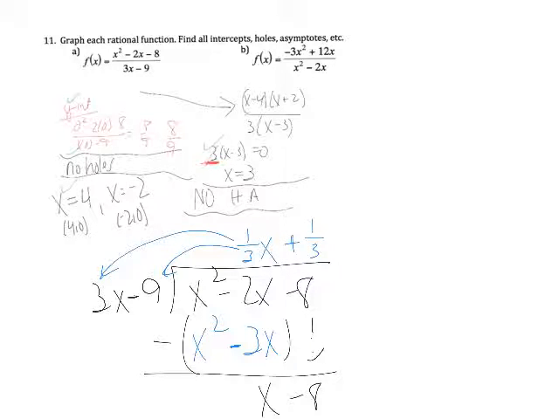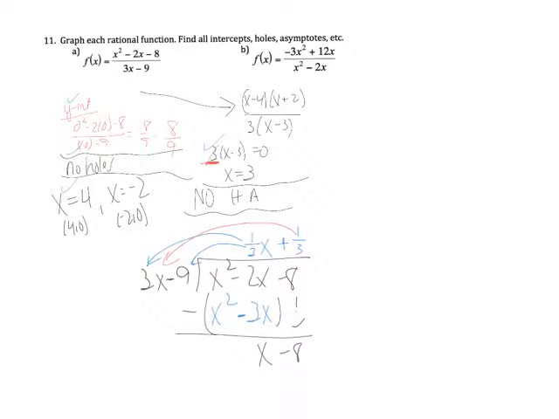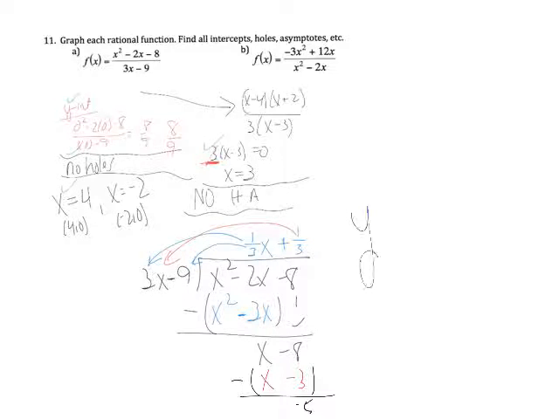When you do 1/3 times the 3x, you get your x, and when you do 1/3 times the 9, you get a 3 there. You subtract, and you end up getting a remainder of -8 plus -5. You don't care about the remainder. You really only care about the equation: y equals 1/3 x plus 1/3. That is the equation of your slant asymptote.